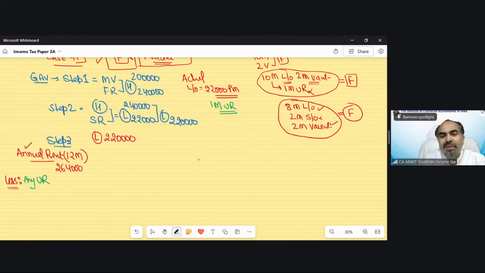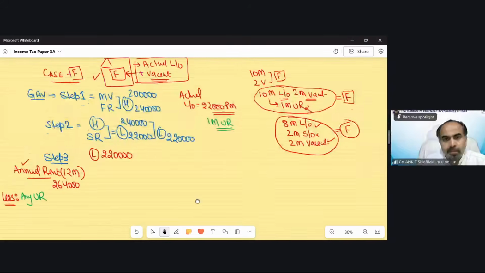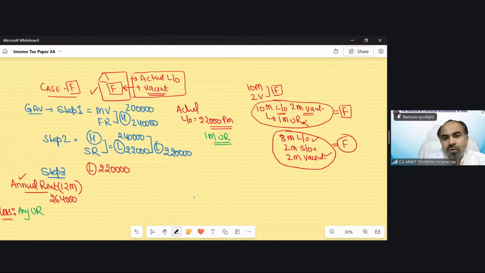The property has been let out for 11 months, 1 month vacant, and 1 month unrealized rent was there.